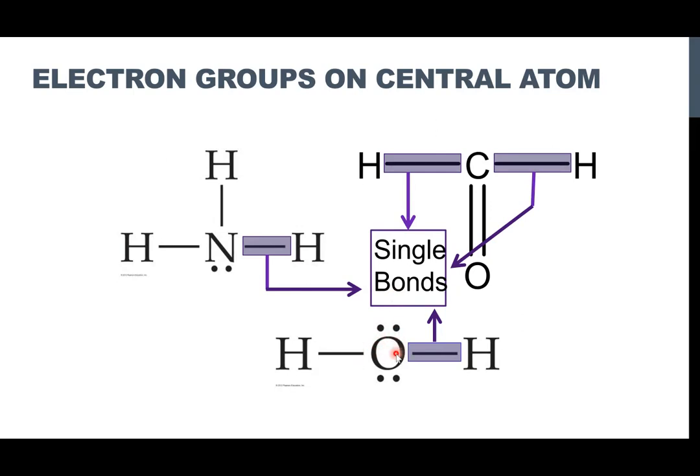So if we look at this oxygen atom here, we would say that it has 2 lone pairs and 2 single bonds. So a total of 4 things that are around that oxygen atom. Same thing here for the nitrogen. So 1 lone pair and 1, 2, 3 single bonds. So 3 plus the 1 lone pair, we got a total of 4 things around it.